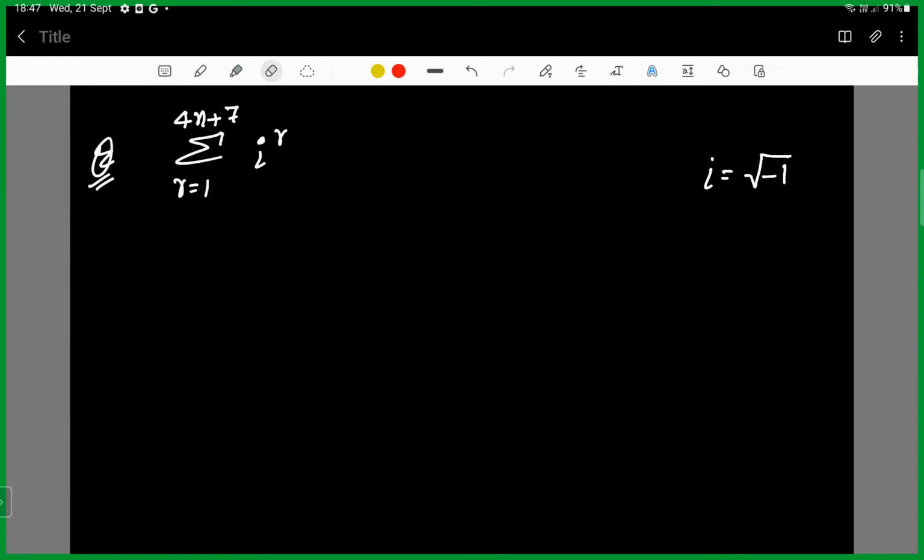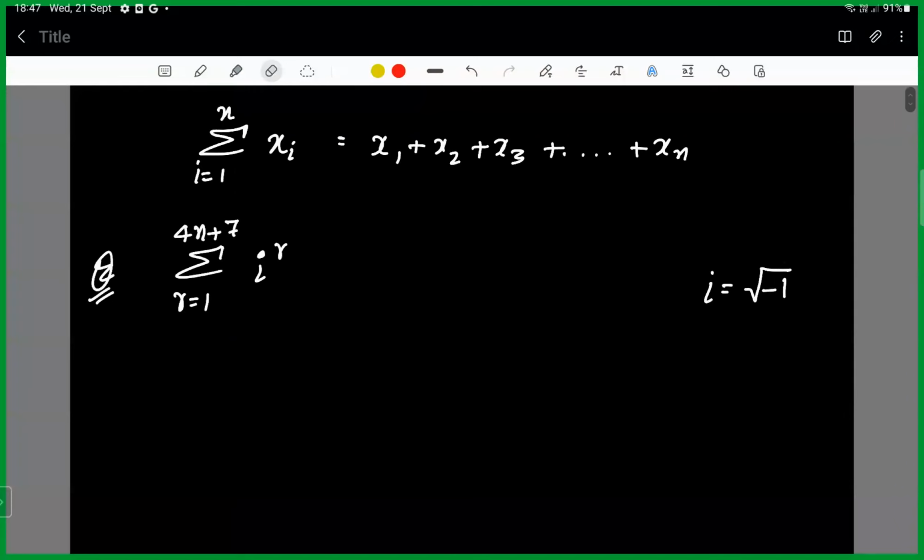First, everyone copy this thing. First, everyone understood this thing or not? This first slide. Where is I? Subscript, right? I is in subscript. So we are adding x1 and 2, 3, 4 all are in subscript. If it was, let's say, summation of I from 1 to n and I, that means 1 plus 2 plus 3 plus up to n.